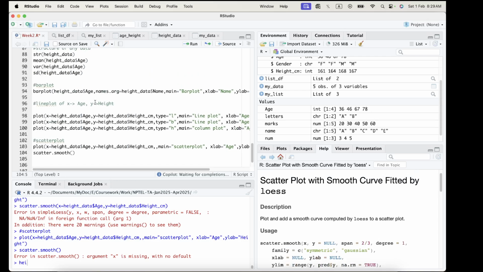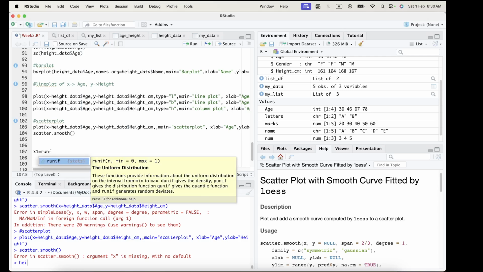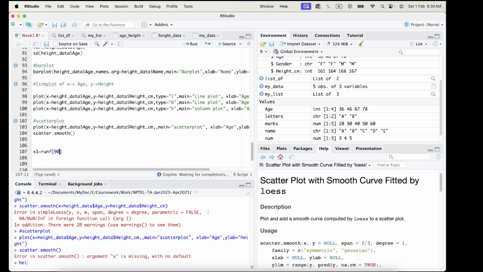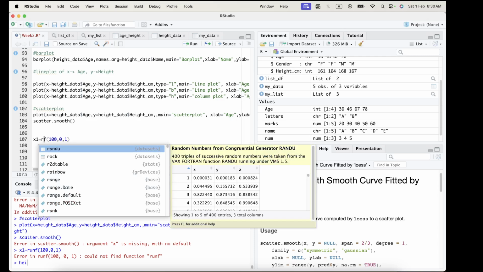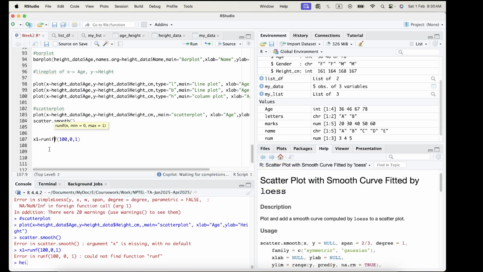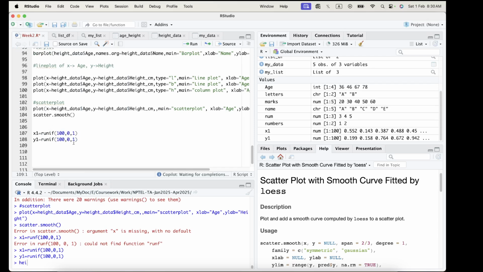If I have lots and lots of data, let's say I'm going to generate some: x1 equal to runif, 100 from uniform 0 1. And y1 is also 100 generated from uniform 0 1.